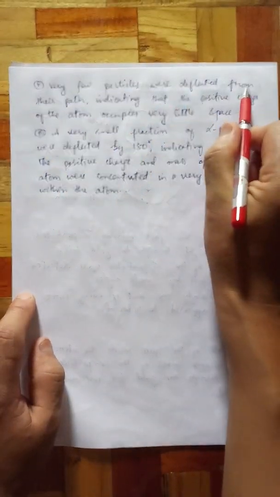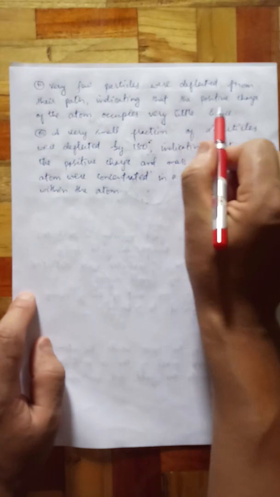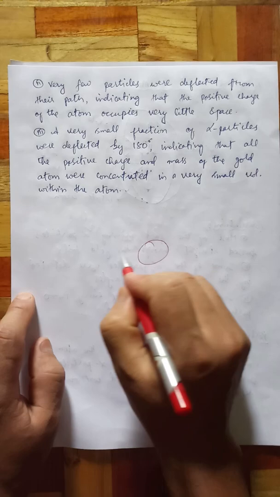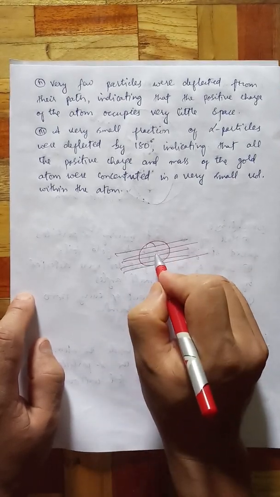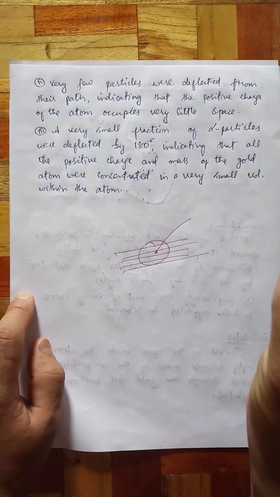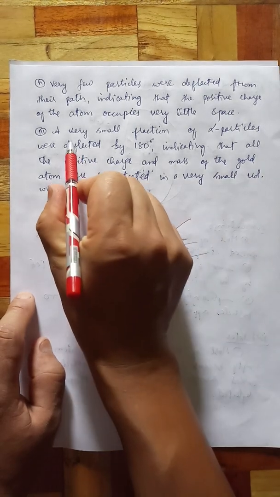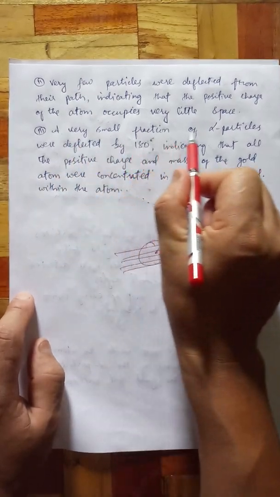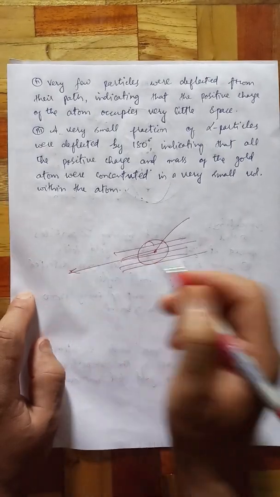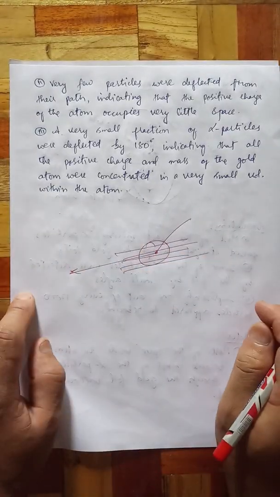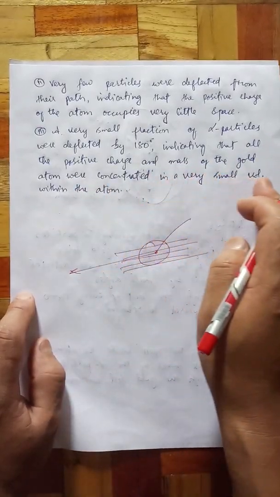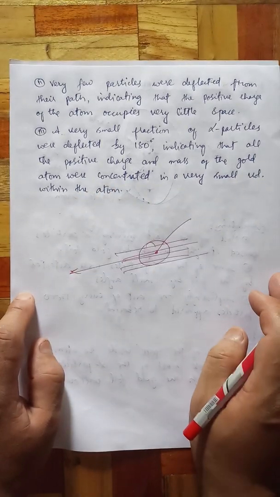Very few particles were deflected from their path, indicating that the positive charge of the atom occupies very little space, because out of every 12,000 particles, only one shows deflection. Third, a very small fraction of the alpha particles were deflected by 180 degrees, in the same path in the opposite direction, indicating that all the positive charge and mass of the gold atom were concentrated in a very small volume within the atom.